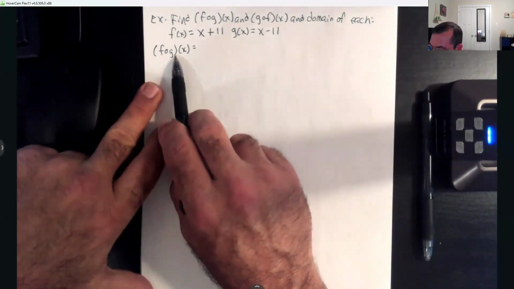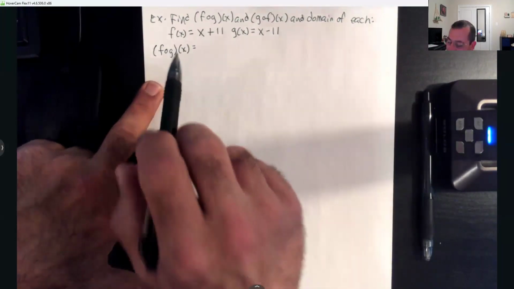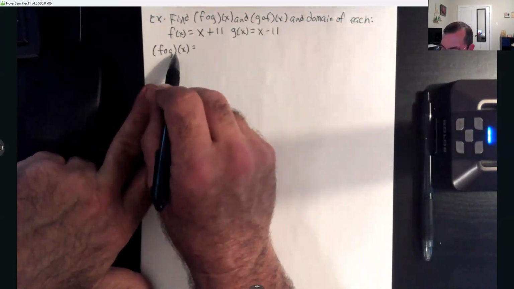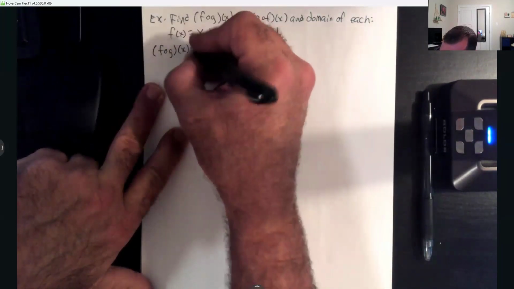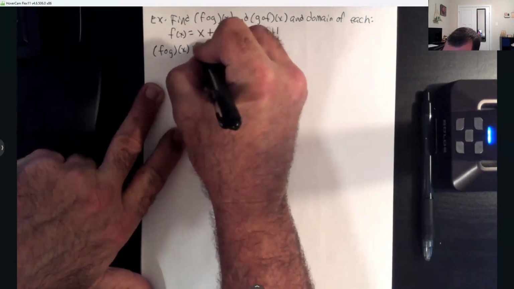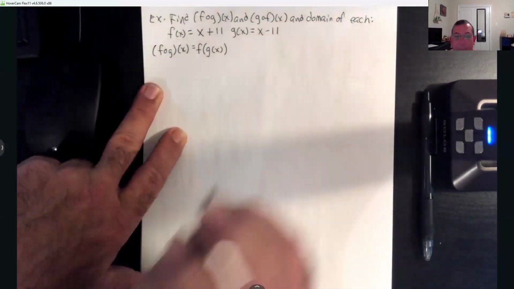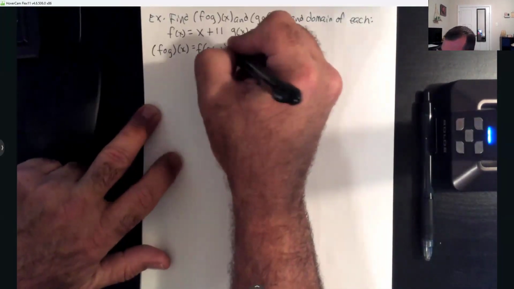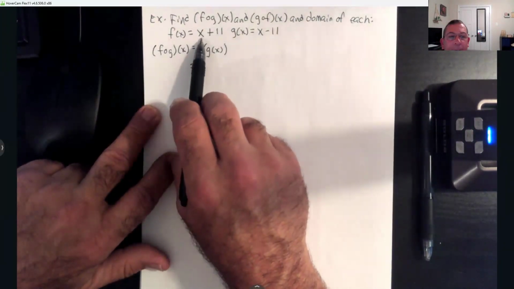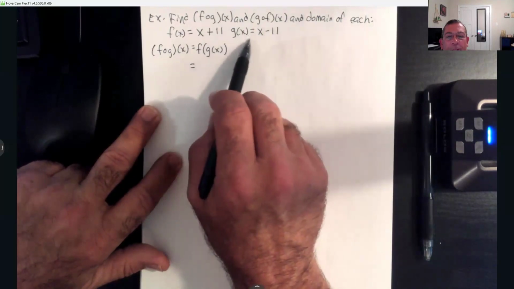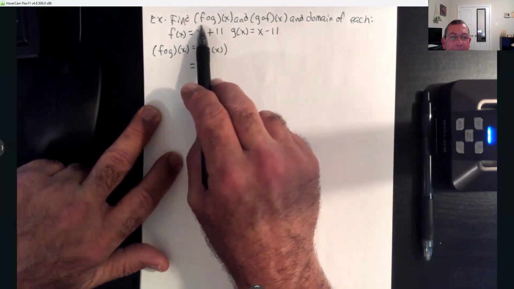So y'all, f composed g of x. Remember, that means we're going to take this g function and put it into the f. So we're finding f of g of x. We take our f equation and put the g of x into that x.